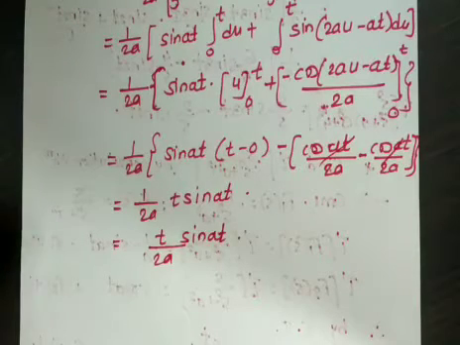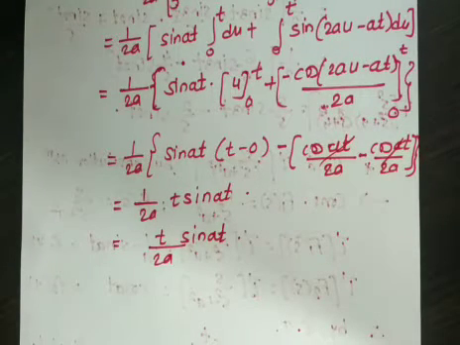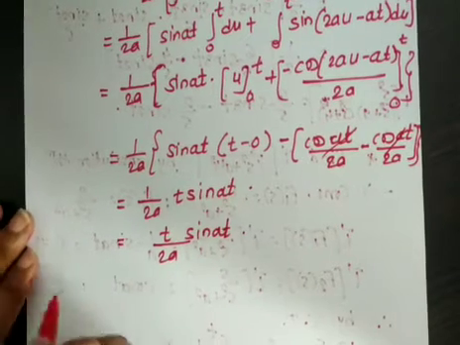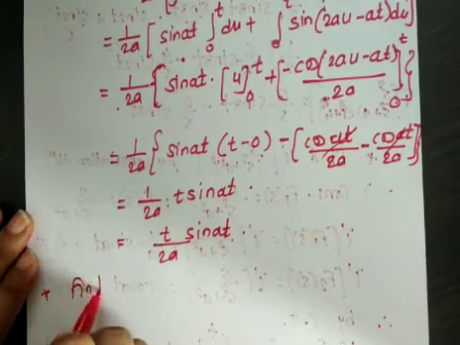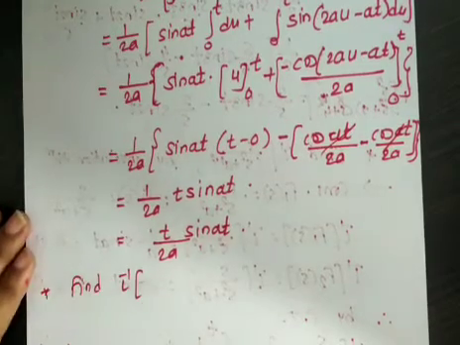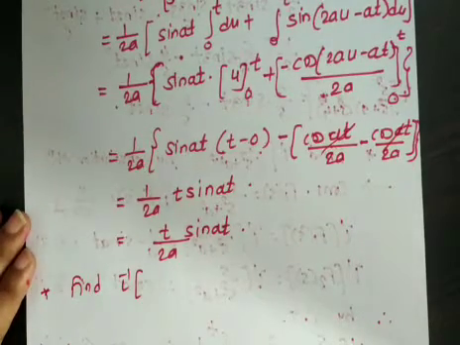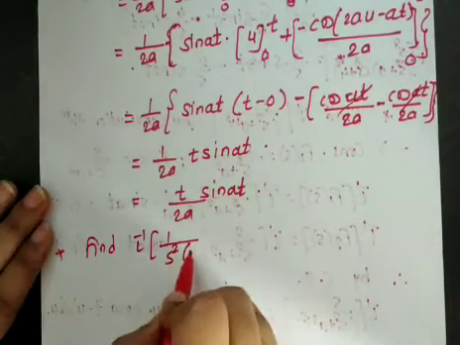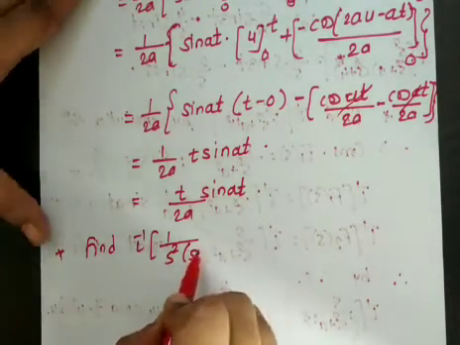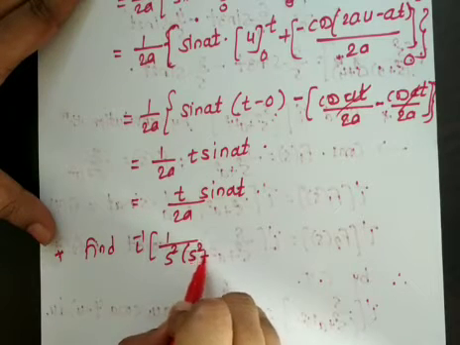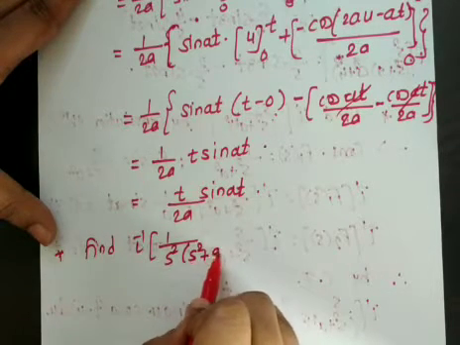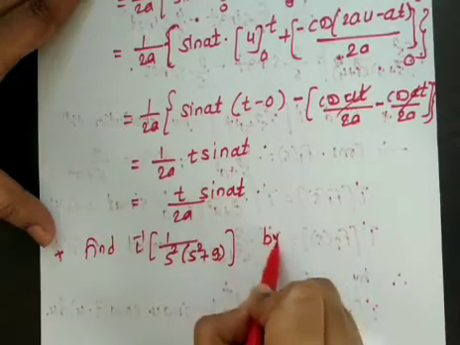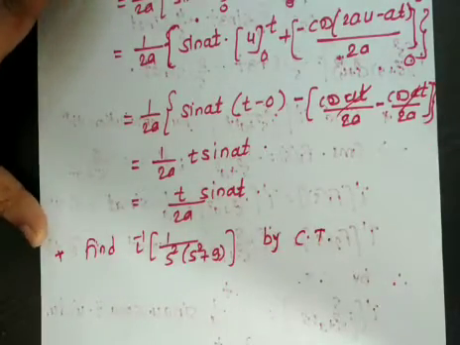We take the next example. Find the Laplace inverse of 1 upon s square into s square plus 9 by the convolution theorem.